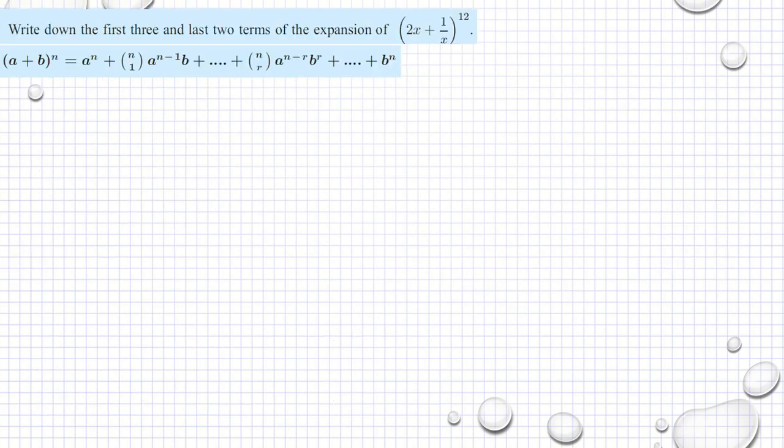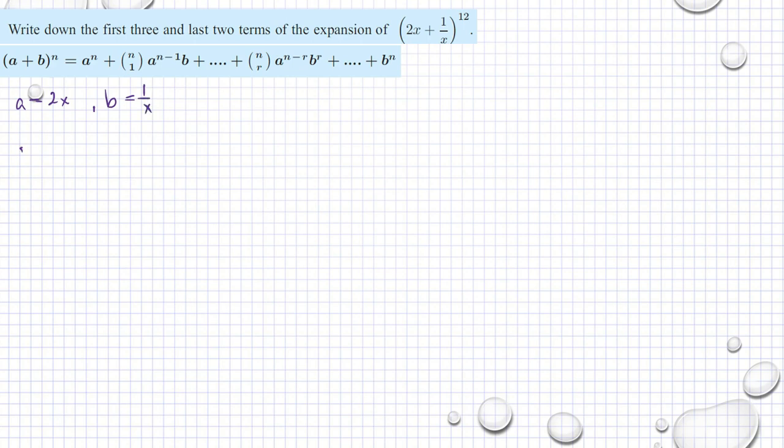Okay? We're going to apply what we have learned in the binomial theorem. Write down the first 3 and last 2 terms of the expansion of (2x plus 1 divided by x) raised to 12. So our a is 2x and our b is 1 divided by x.